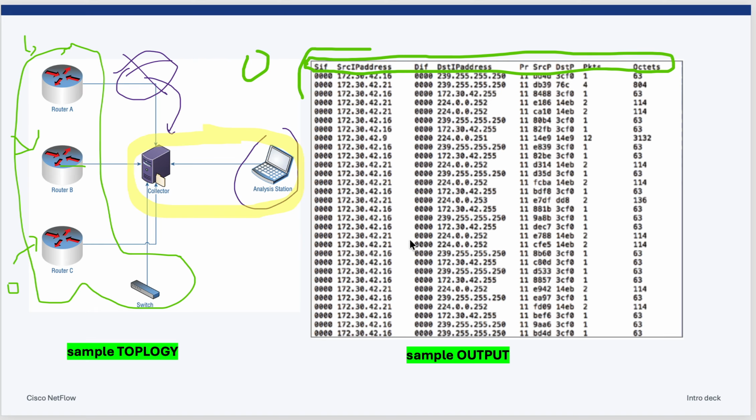Anyways, so this is the destination interface. This is the destination IP address. Okay, source protocol, destination protocol. We have packets and we have octets. So this is the story essentially that NetFlow tells us, and it tells you in a very granular fashion what is going on.